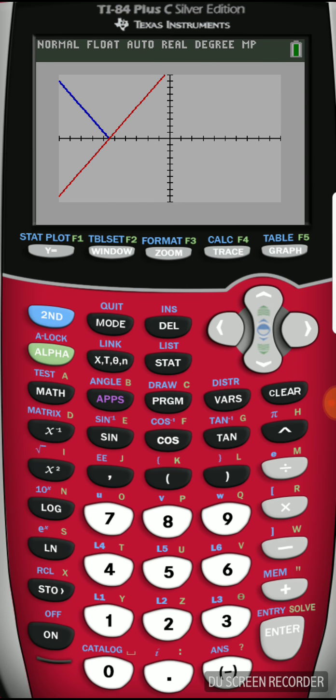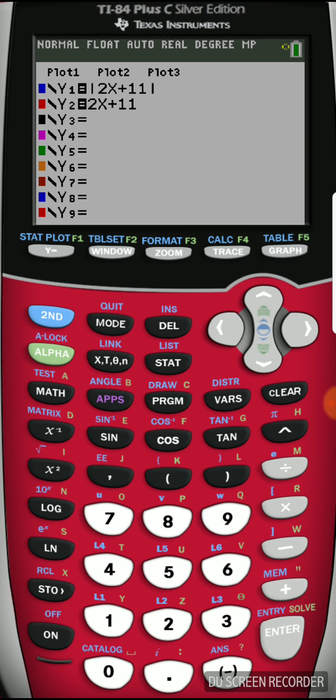So I'm just going to delete this one. Now we want to see where the absolute value of 2x plus 11 intersects with just 7, a line y is equal to 7. Remember, that should just be a straight horizontal line. So let's see what that looks like.